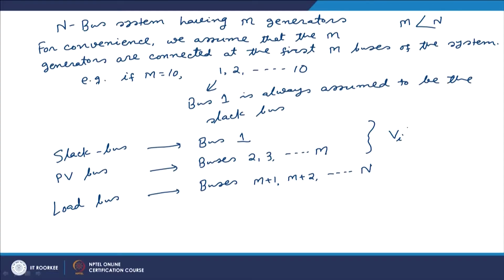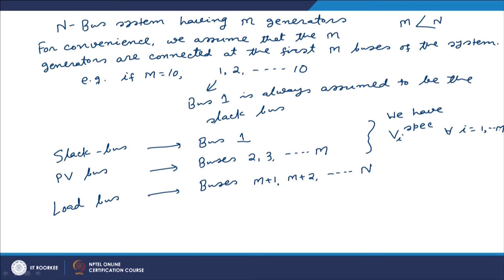Now, because we have m generators, each of the m generators has its own voltage magnitude specified. So, all these m generators have Vi specified, for i equal to 1 to m.